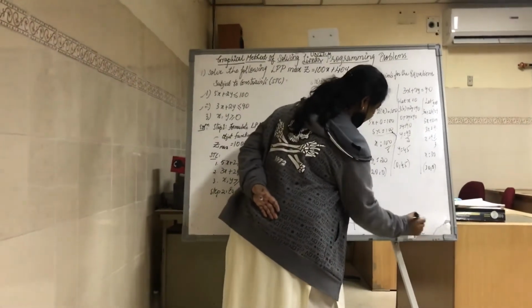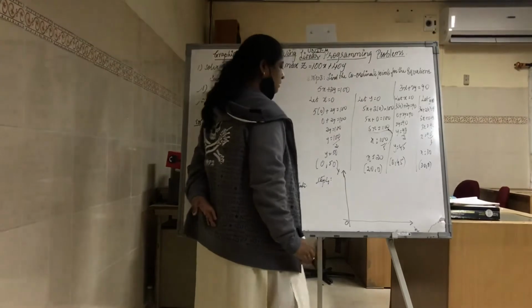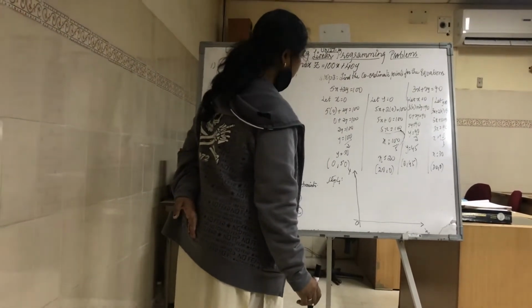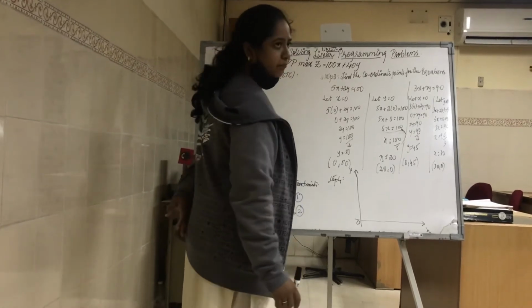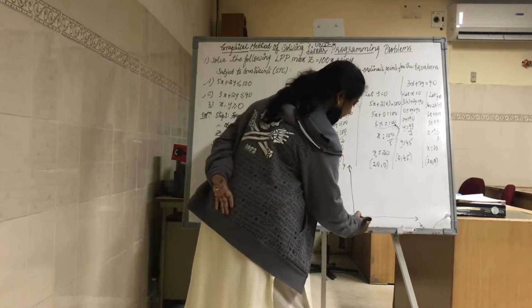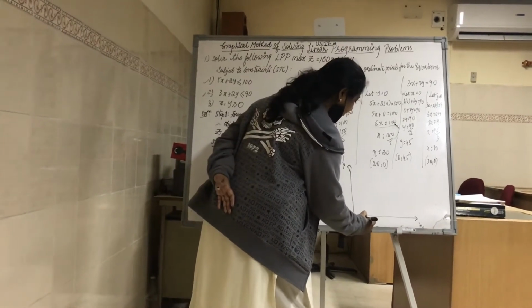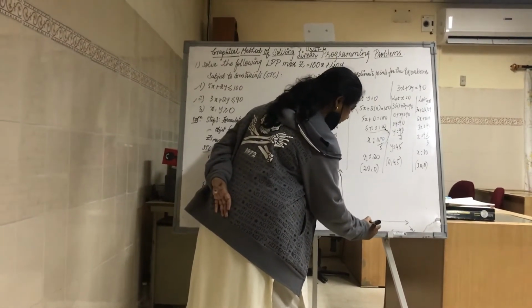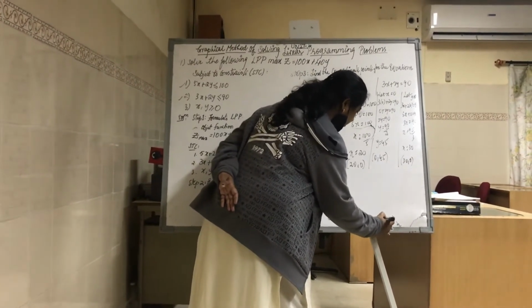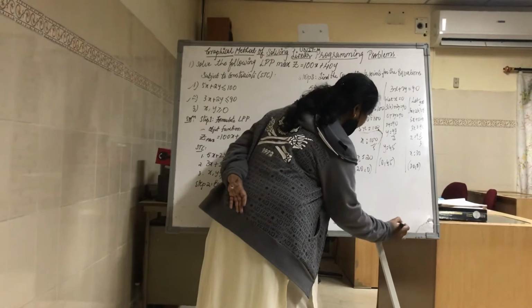Y-axis, x-axis, this is here. What I am going to do is take the scale of 10, or 5, whatever you can take. I will take 5, no problem. 5, 10, 15, 20, 25, 30, 35.